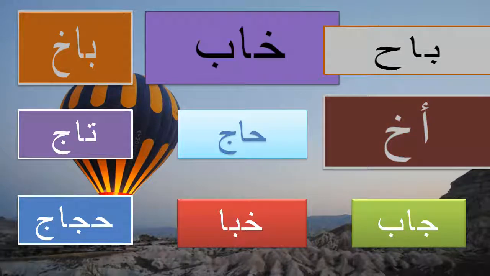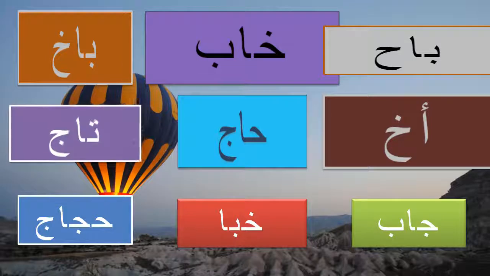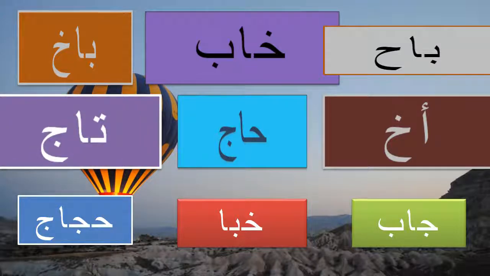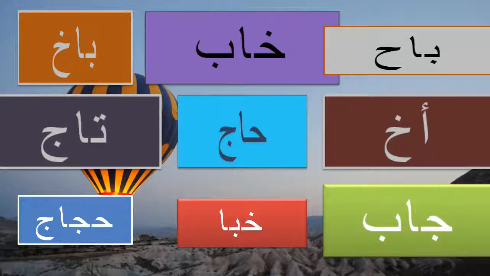Next we have ha, alif, jeem, haj. Next word starts with a ta, then alif, lastly jeem. T, a, j, taj, which means crowned, a crown. Next, we have an easy word, Jeem, alif, ba, jab.